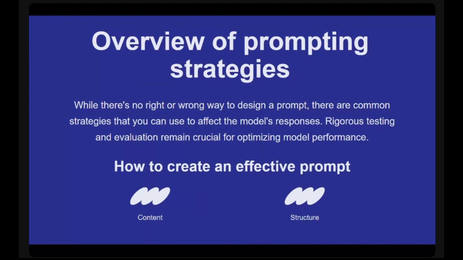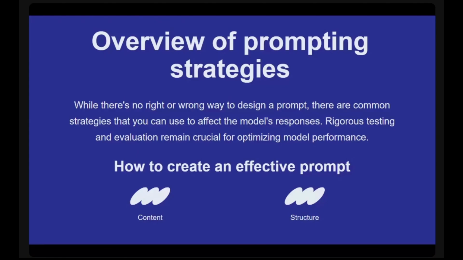Okay, so an effective prompt can be designed using only the content and the structure. Content means all the information, all the input that the AI model needs to perform the activity to output the result.